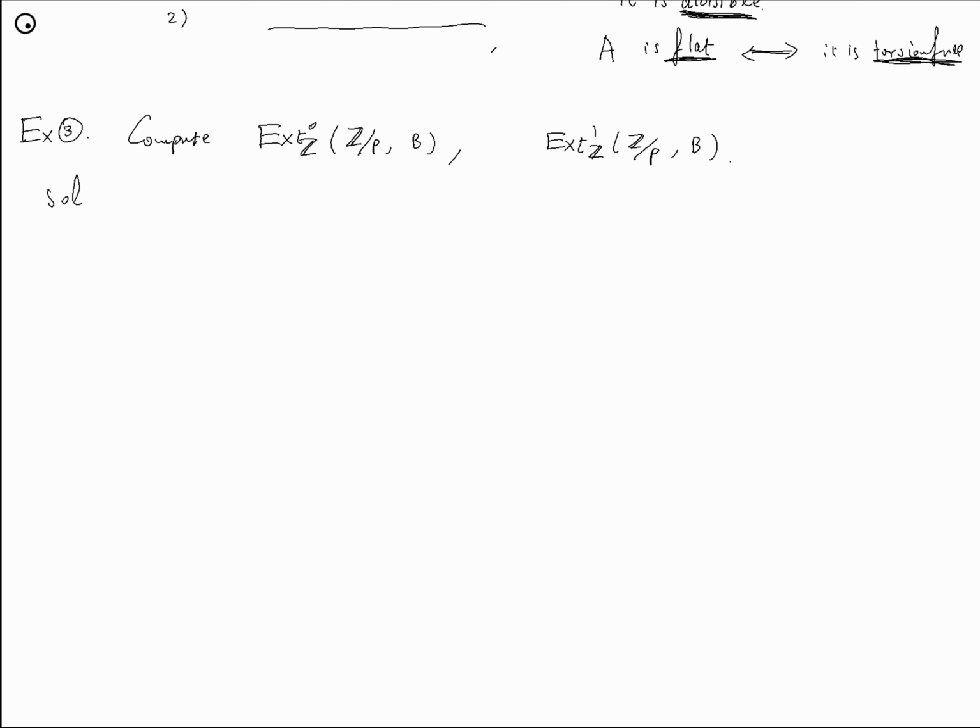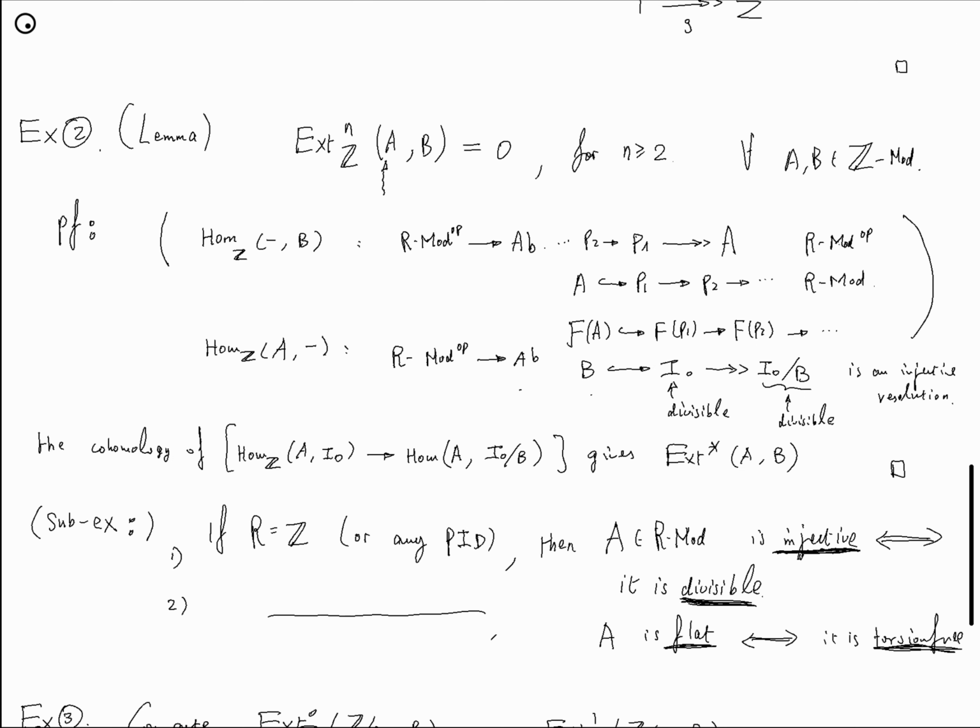Actually, there are two different ways. Firstly, you could apply the previous example: apply A equals Z/p to exercise 2. And then what you get is that you are only left to compute the cohomology for this. Let's look back a little.